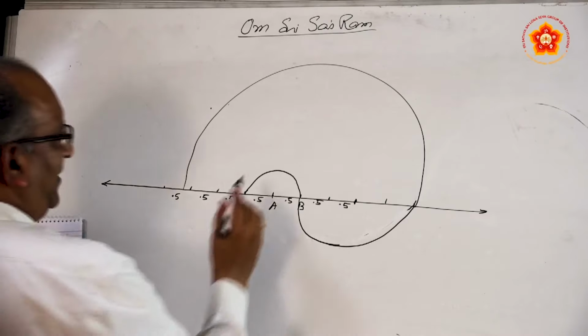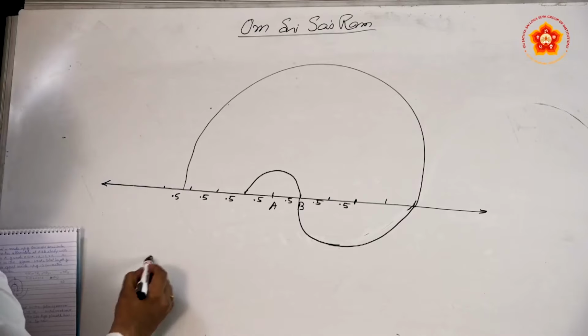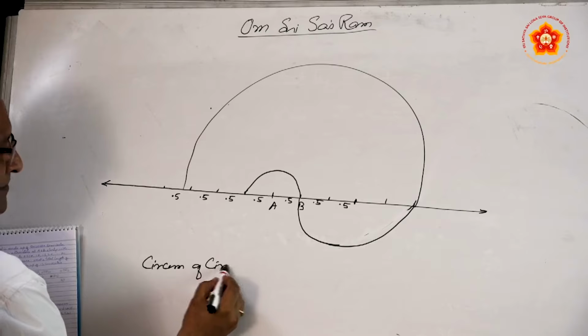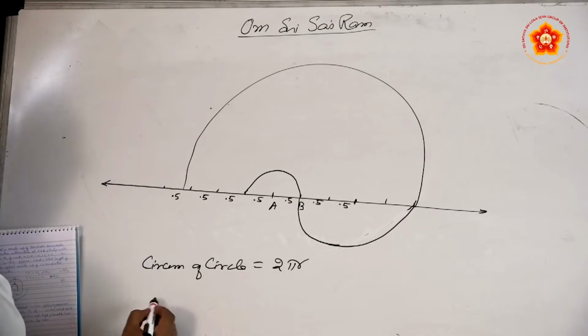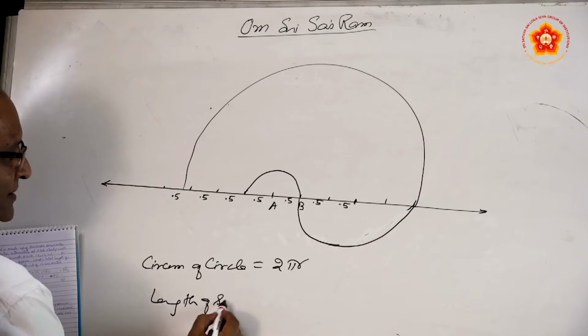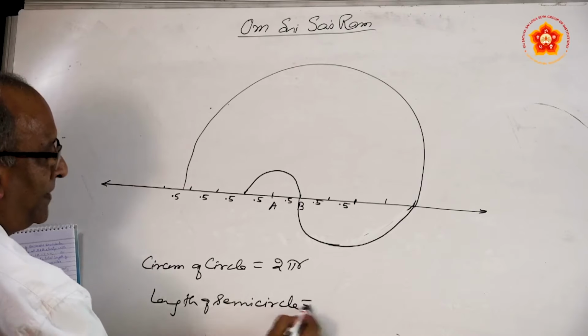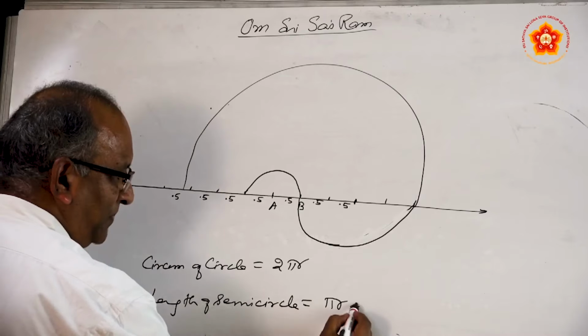Here, what do we find? We find that it is a semicircle. We know that the circumference of a circle is given by 2 pi r. So, what will be the length of a semicircle? Actually, the length of the semicircle is pi r plus 2r.